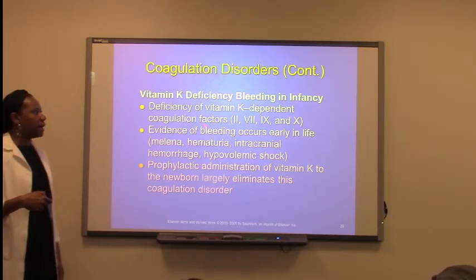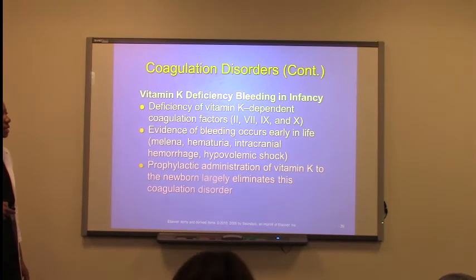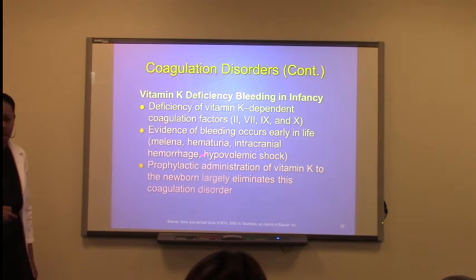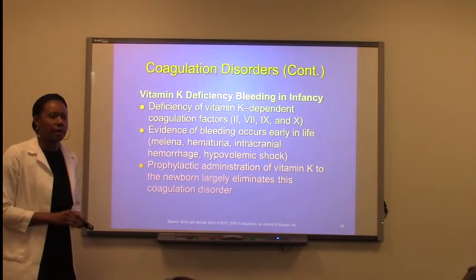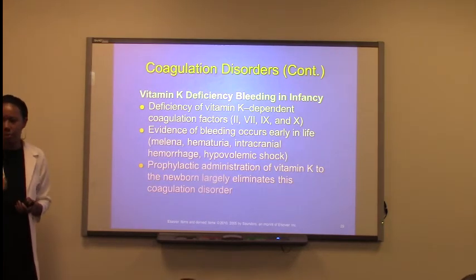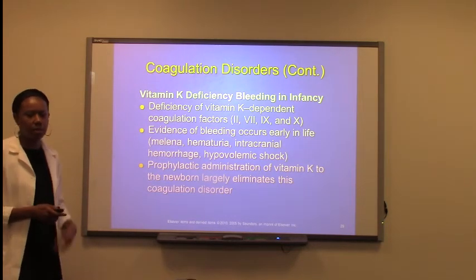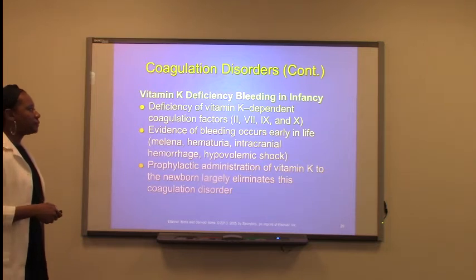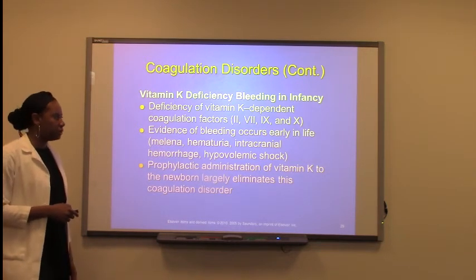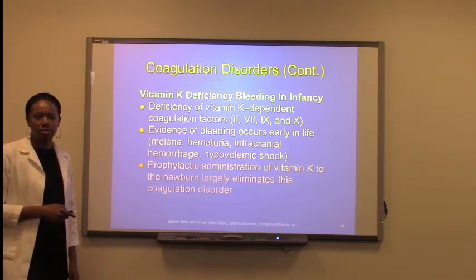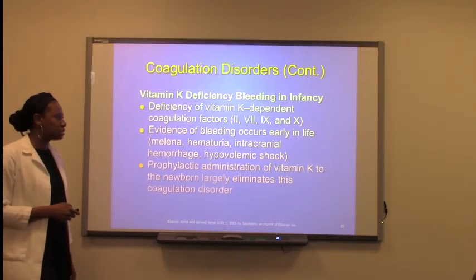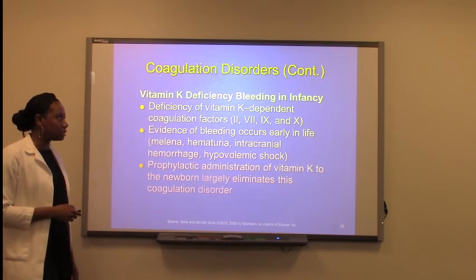In infants, they can have bleeding early on in life. Melena is black tarry stool, another term for black feces. Hematuria, blood in the urine, intracranial hemorrhage, and sometimes they could even go into hypovolemic shock if there's an extreme amount of bleeding.